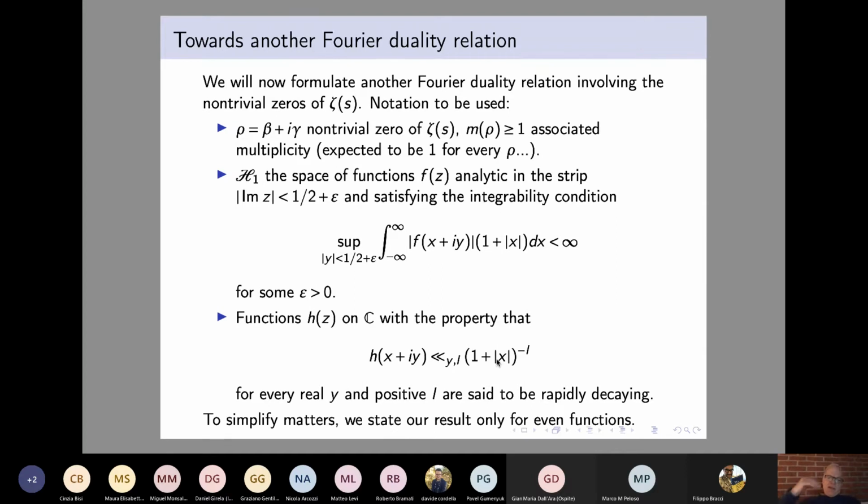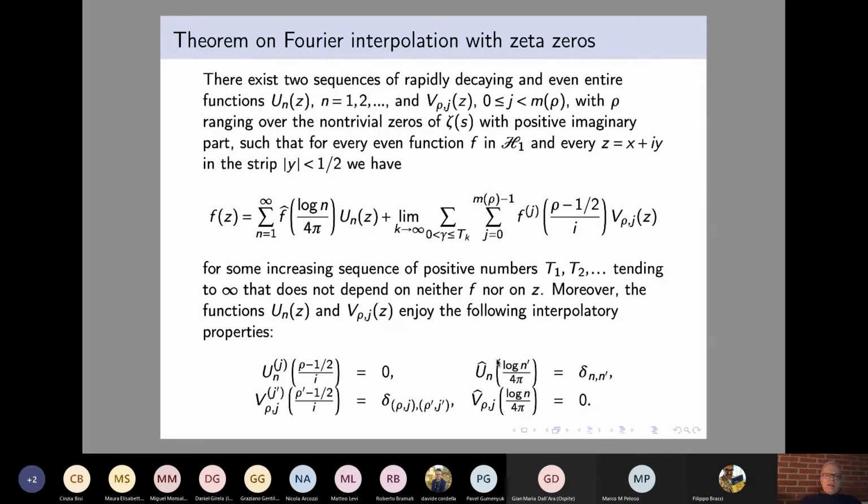Yeah, and I state the result for even functions because the statement is slightly more convenient. So this slide is our theorem. I'm afraid it's a bit long, but I hope I can explain what's going on here. So f is a function in this space H1.